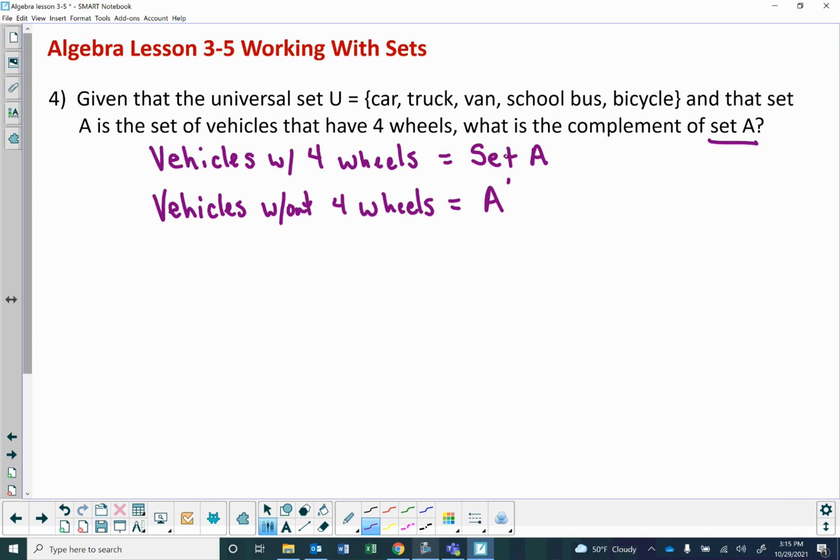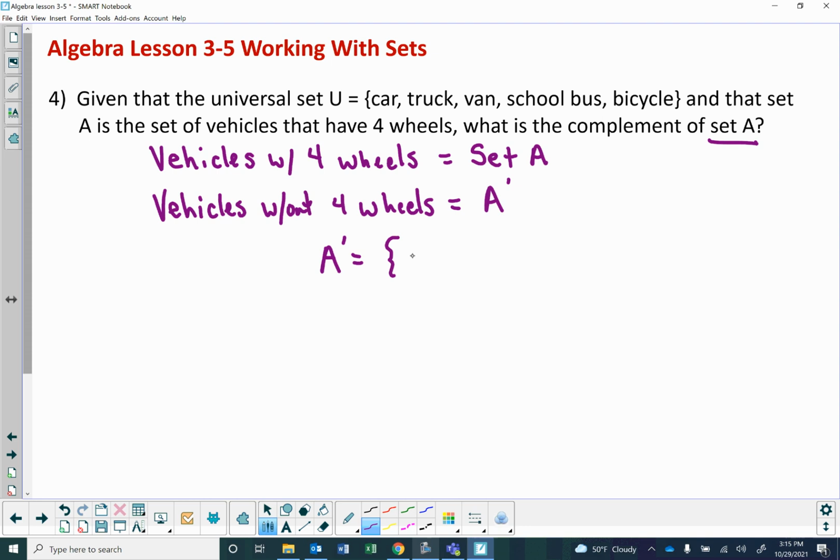So if you think about it, we can look at vehicles without four wheels. Well, I know that a car and a truck and a van always have four wheels, no matter what. So the vehicles without four wheels, in other words A prime, my possibilities are school bus, because I have never seen a school bus that only has four wheels. Most of them have dual wheels in the back of the bus, even if it's a short bus.